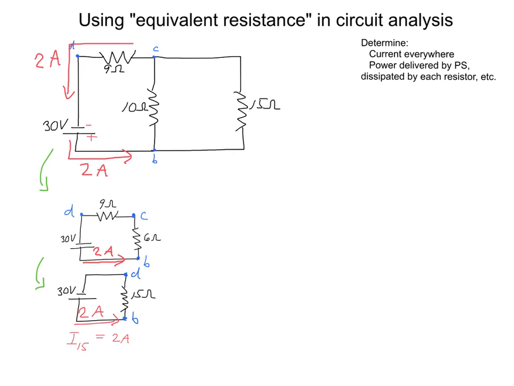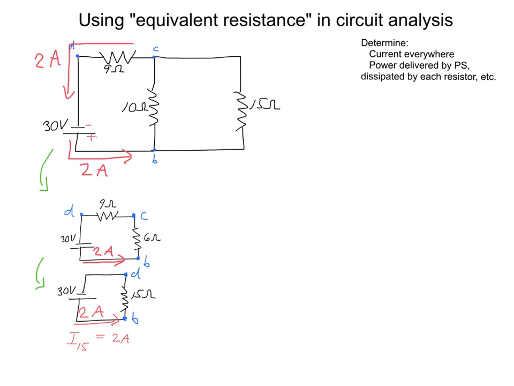Now we're in a position to find the change in potential from point B to point C and from point C to point D if we wanted those. We know that from point D to point B, taking this path through the power supply, we gain 30 volts. So going back, or continuing around, we have to drop 30 volts.